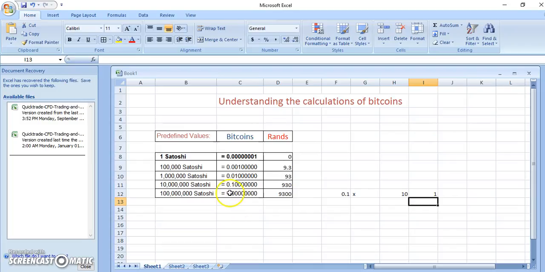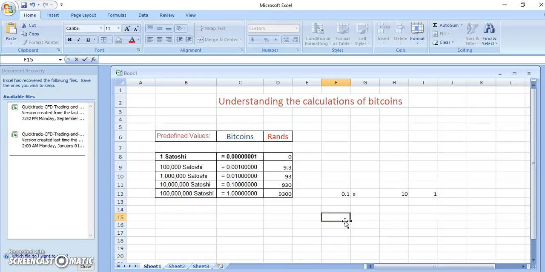So if one Bitcoin is 100 million Satoshis, it means you can have a fraction. If I remember in primary school, they will teach you 1/10, which is equals to, what? I'm trying to use the calculator here.